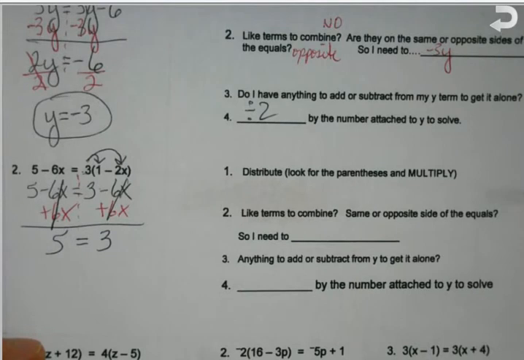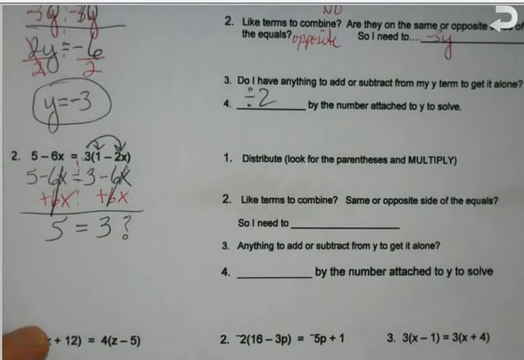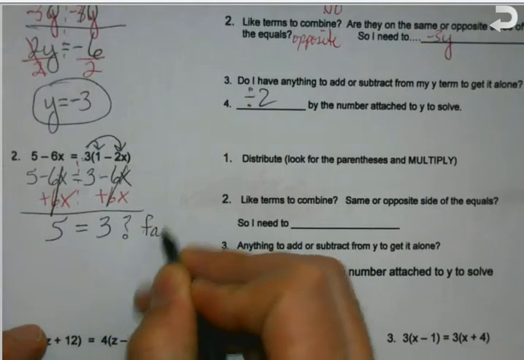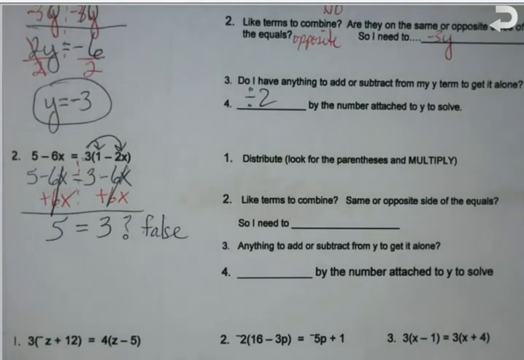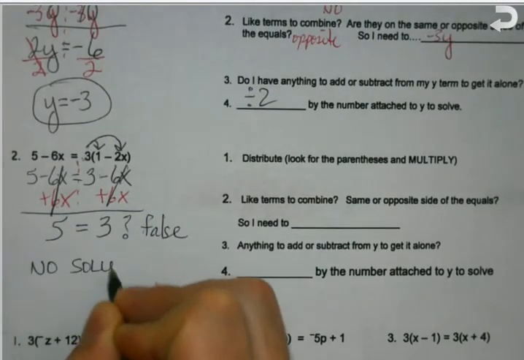Here's my issue. All my x's are gone. So now I have one choice left. Is 5 equal to 3? No, that's false. And when all my x's disappear, I have one of two options. If they do not equal each other, that's no solution.